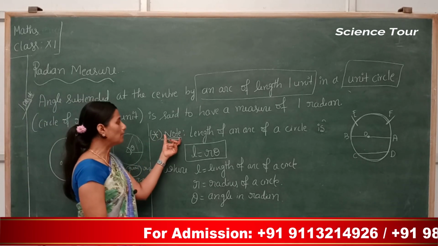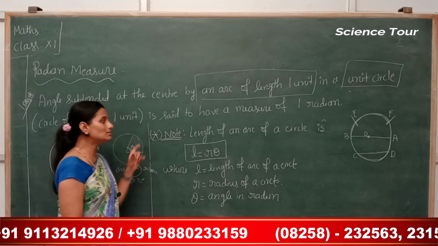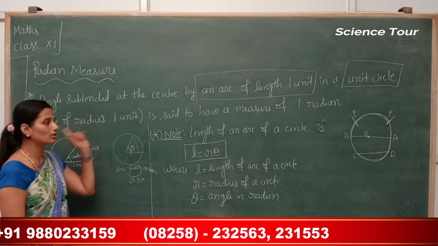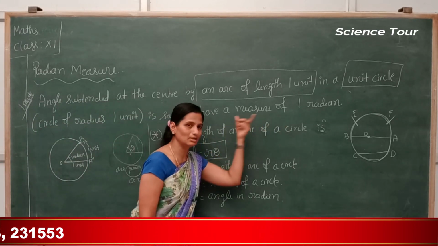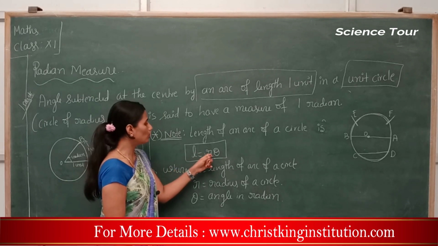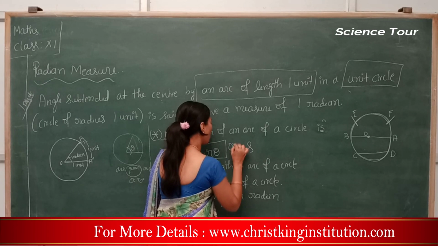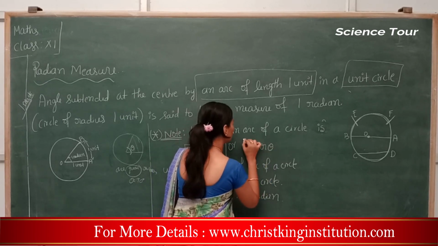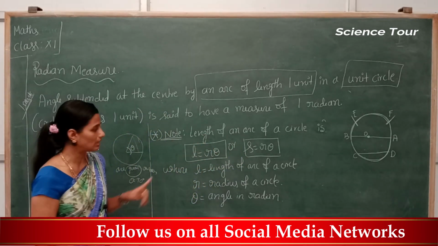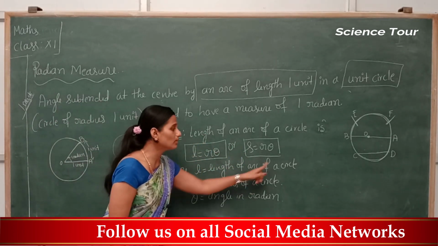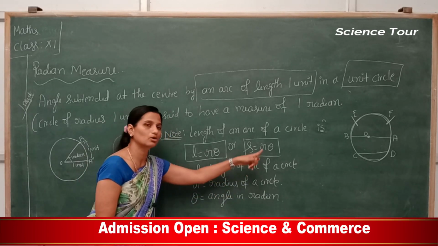Now next is an important note. How to calculate the length of an arc of a circle? There is one formula. The length of an arc of a circle is given by L = r theta. Sometimes they give a different notation, S = r theta, where L or S is the length of the arc of a circle.